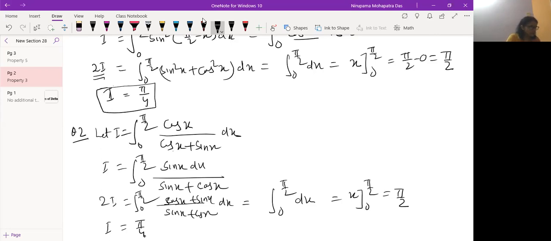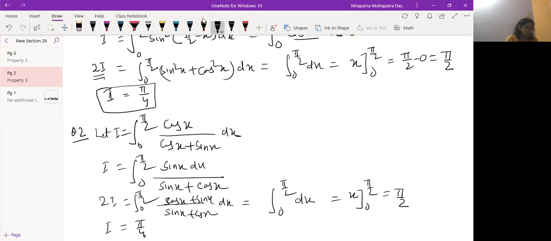So I'll tell you why, specifically where we should use this 0 to pi by 2, 0 to pi by 3 like this. Because the one case is very, very clear: whenever we want numerator and denominator to be the same. So this is one of the important formulas.